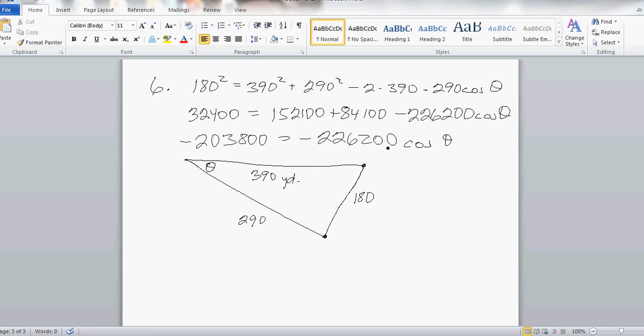Divide both sides by negative 226,200, and the cosine of theta would then equal a positive, let's see, 2,038 divided by 2,262.